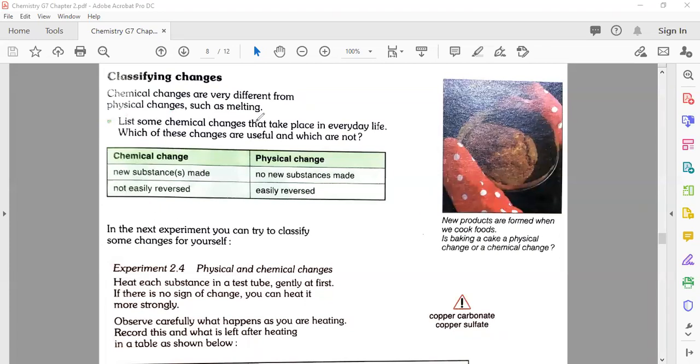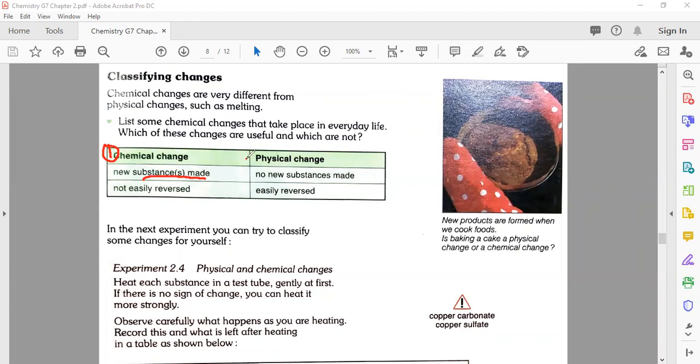So list some chemical changes that take place in everyday life, and which of these changes are useful and which are not. For example, in chemical changes, what happens? New substances are made. When you burn a paper, it will convert into ash. Okay, it gives you heat.